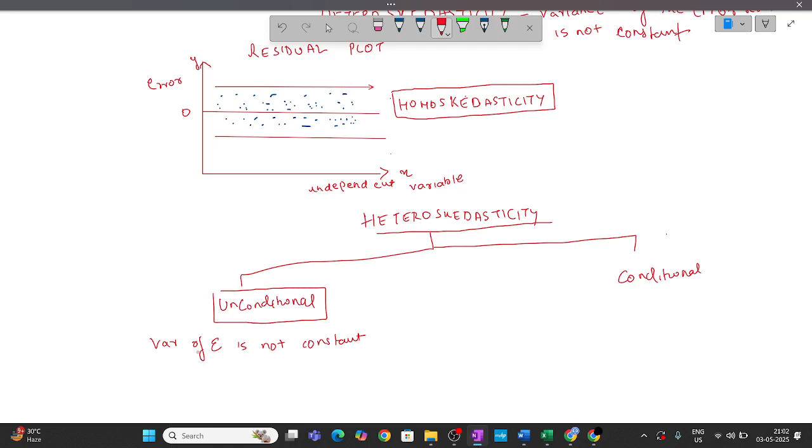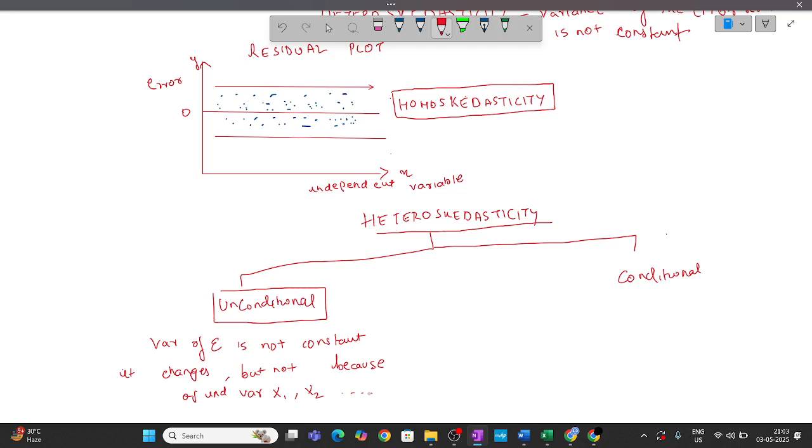It changes, but not because of the independent variable x1, x2, so forth, right? So variance of the error term is not constant.